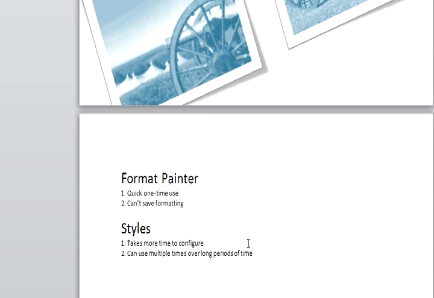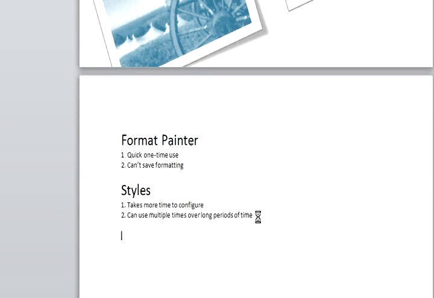In short, there are two main benefits from using both these features. One, it is faster. You can make changes to a lot of text much faster, and it is more accurate. You don't have to worry about having chapters 3 and 4 a different shade of blue or a different line spacing, a different font than all of your other chapters. If you use a style, all of them will be exactly the same.